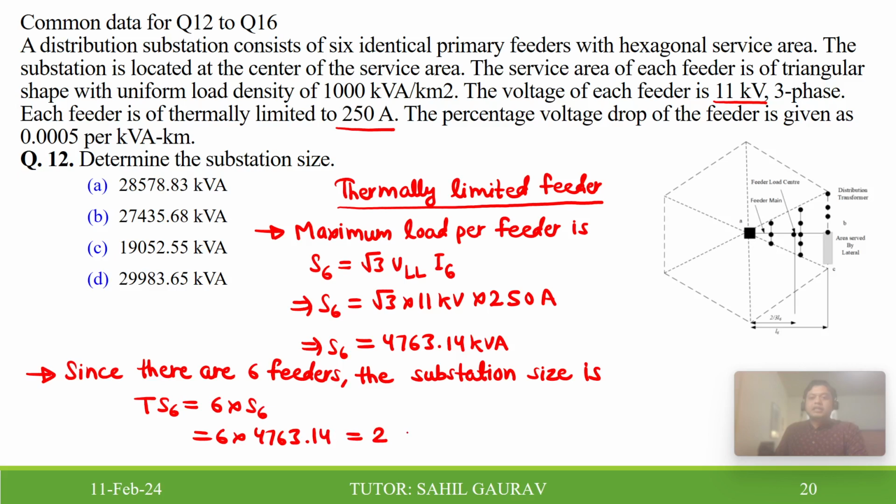So it will give you 28,578.84 kVA. So the correct answer we are getting is A, 28,578.83 kVA.